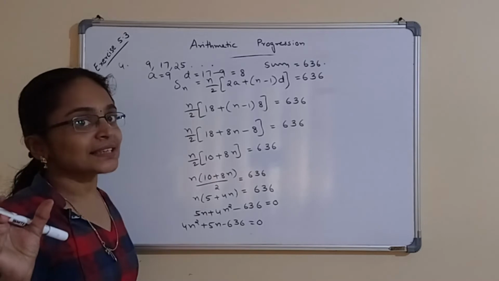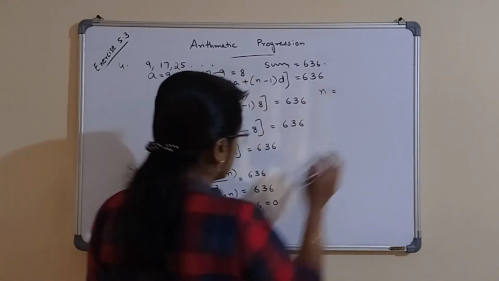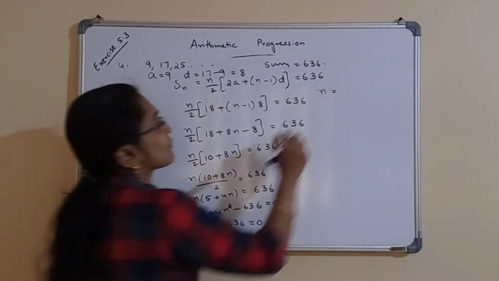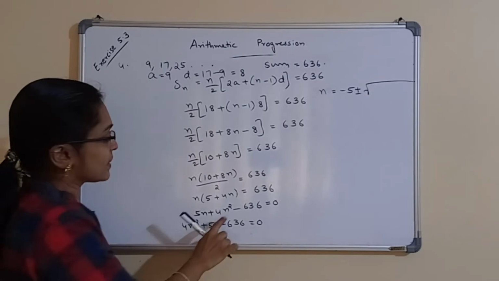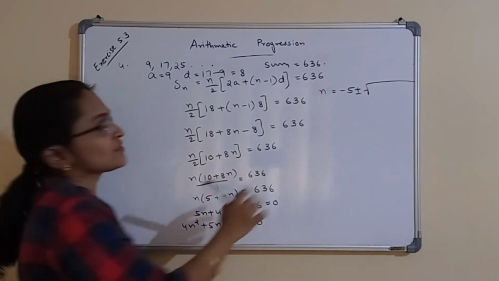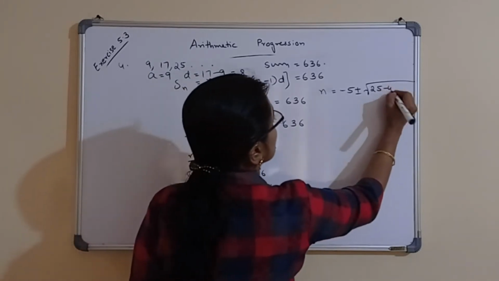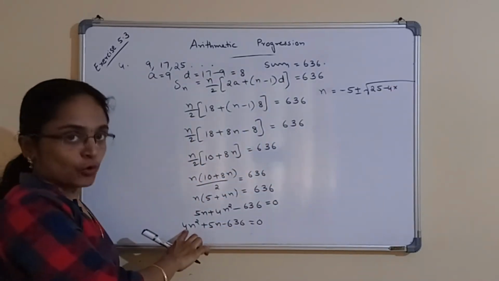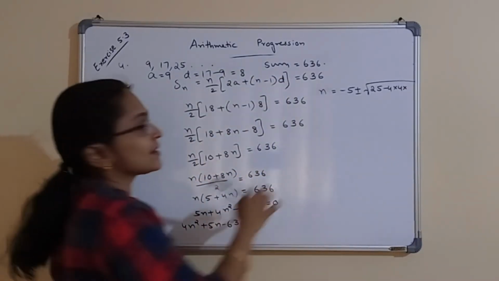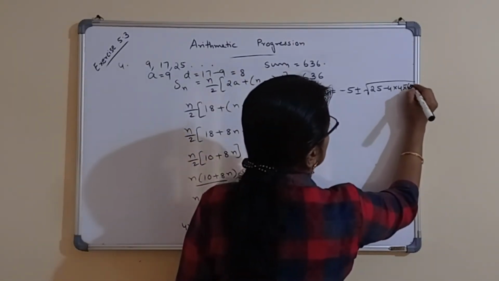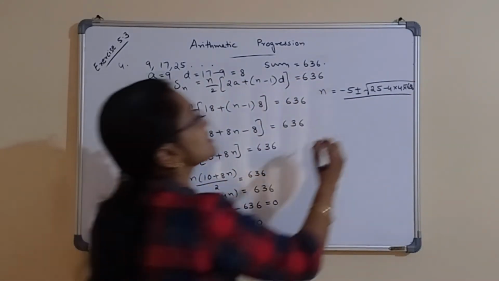Now, we can find n by applying the quadratic formula. n is equal to minus b plus or minus root of b square minus 4ac, by 2a. Here b is 5, so b square is 5 square, which is 25, minus 4 into a, which is 4, into c, which is minus 636, by 2a, 2 into 4, which is 8.